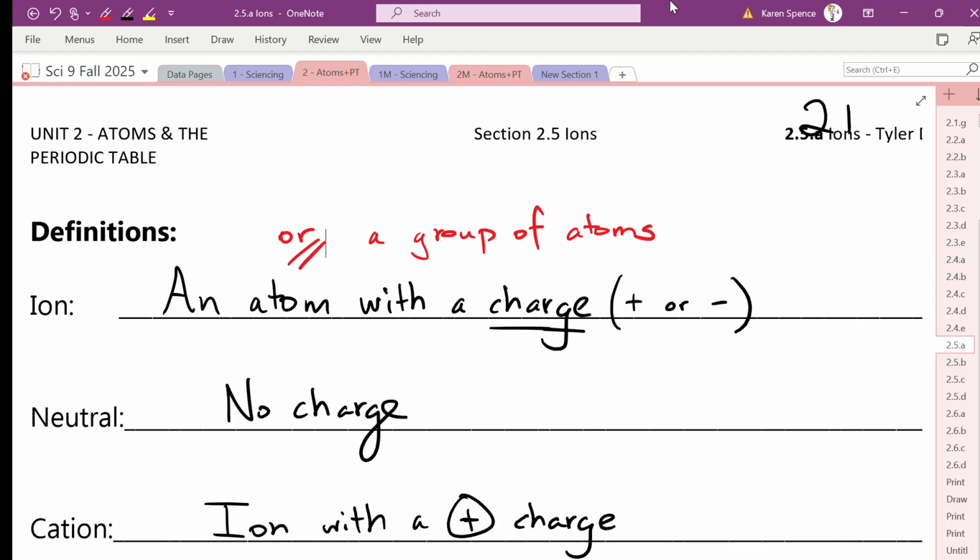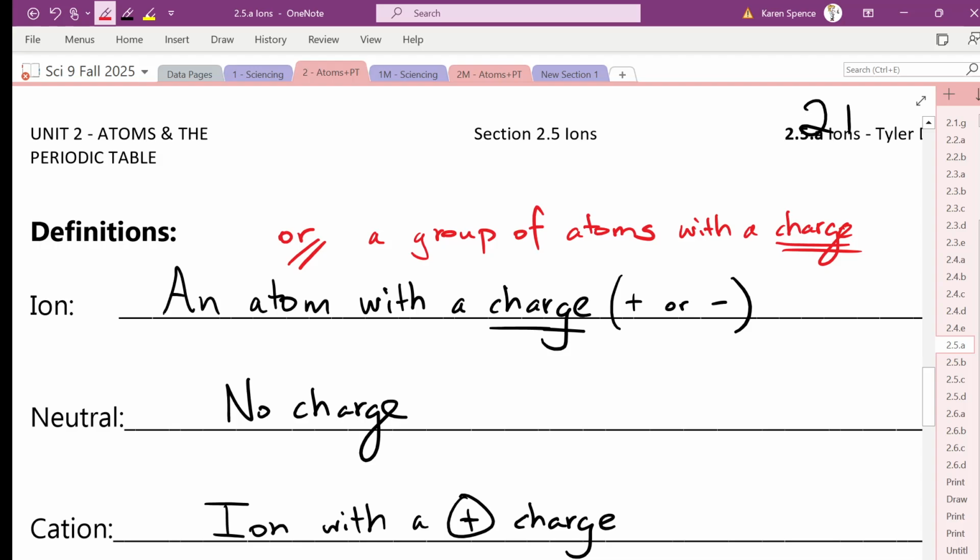As long as you have the charge, that is an ion. So the important part is with a charge. If you have a single atom, that's going to be called a monatomic ion. If you have more than 1 atom stuck together with a charge, that's called a polyatomic ion.